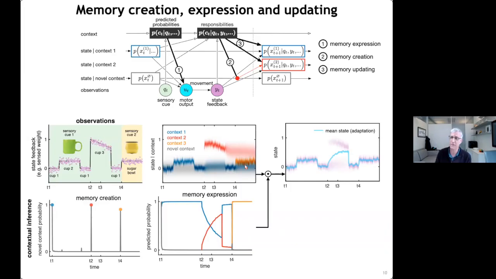But there are some interesting features here. One interesting feature is that this learning, which looks slow when you learn cup 3, looks like you're somehow slowly adapting your behavior to cup 3. But actually, that's not really the case. If we look here, what's driving this slow learning is actually that you're slowly changing your belief that you're in a new context.